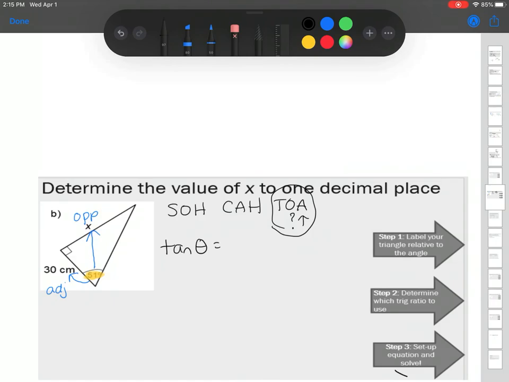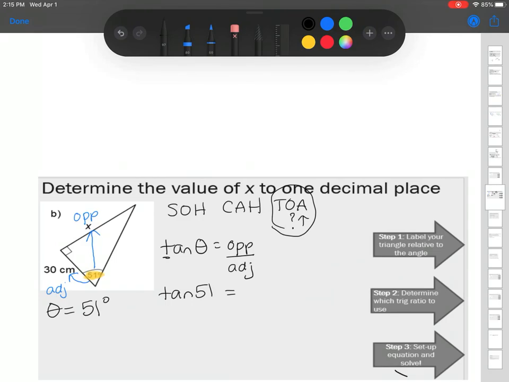So TOA, tan, opposite goes on top because it's written first, and then the adjacent goes on the bottom. Okay, we have already labeled it. The theta is the angle. If you want to write that for yourself, you can. So tan of 51 is opposite over adjacent.